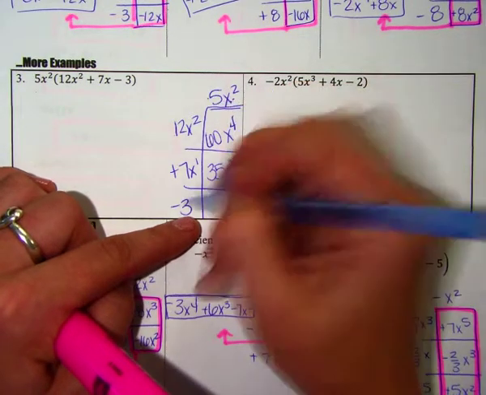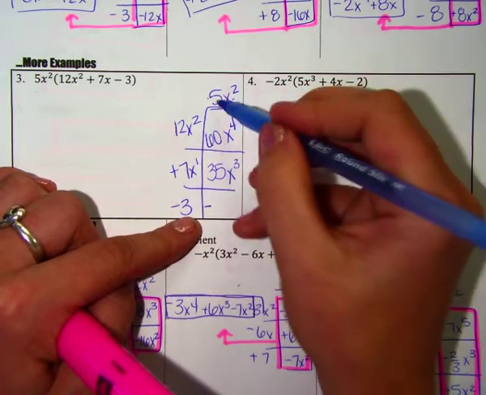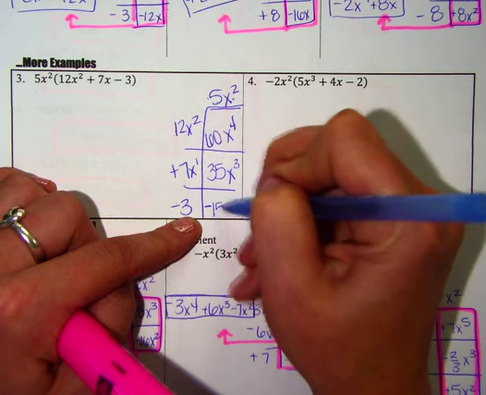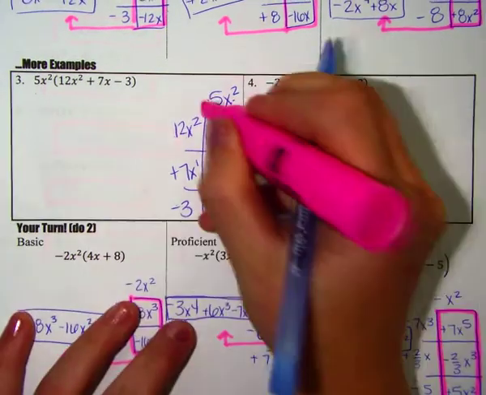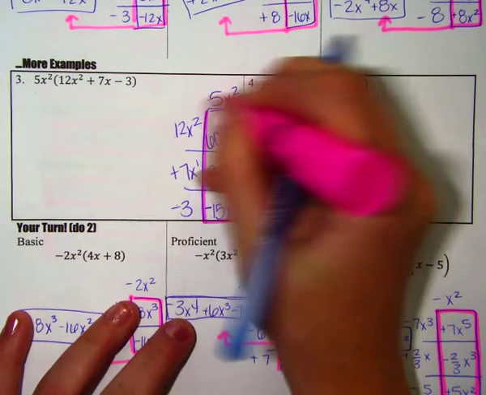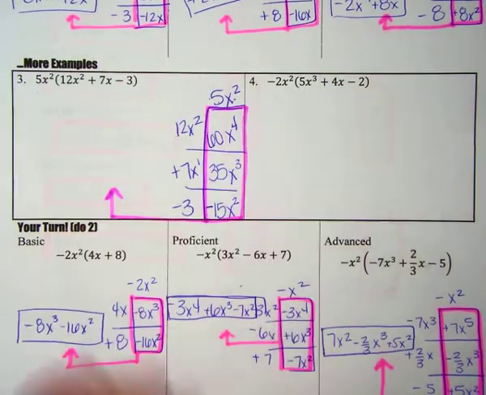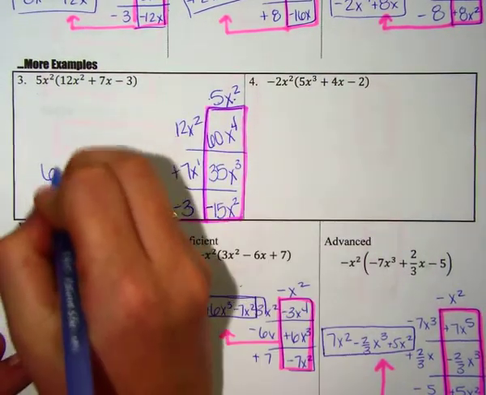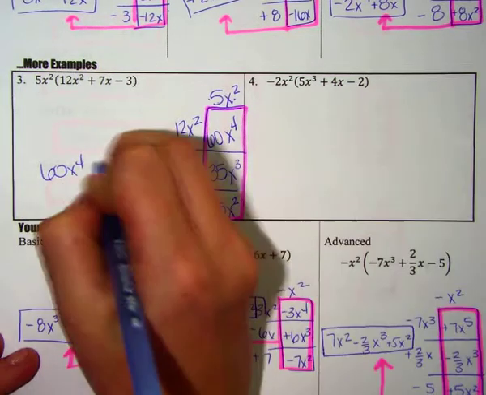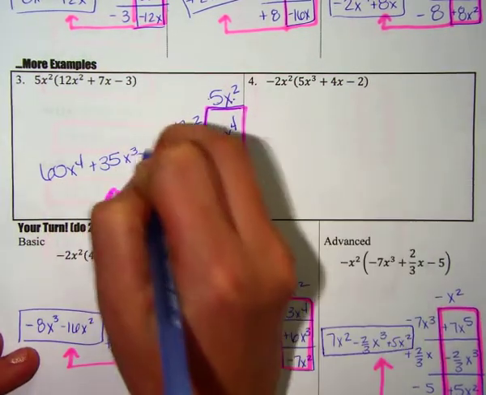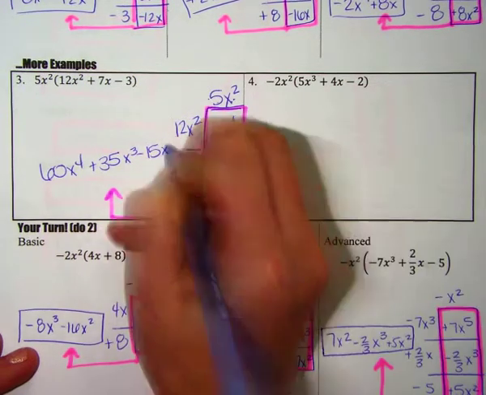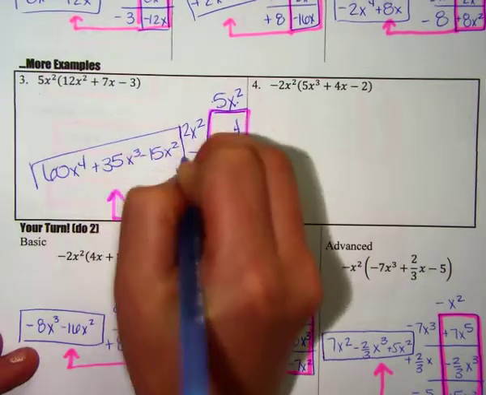Last one, positive times a negative is a negative. 5 times 3 is 15. X squared. So the area of this box is 60x to the 4th plus 35x to the 3rd minus 15x squared.